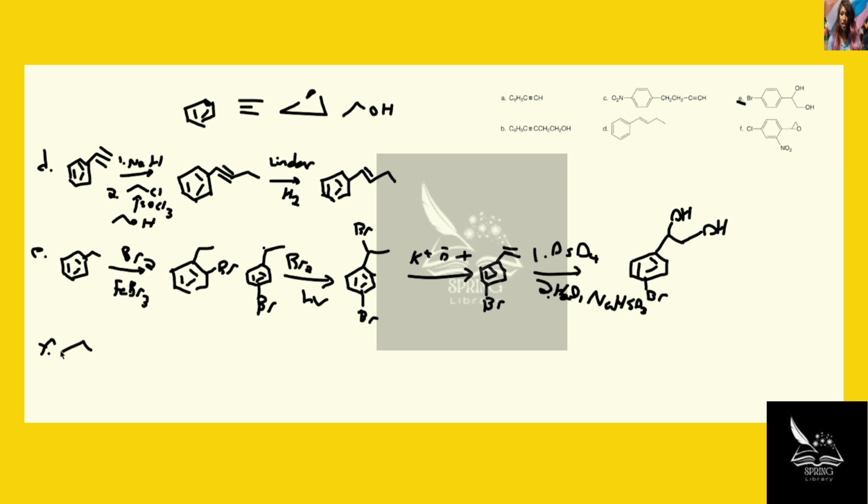So let's start with the same product as we started in E, or starting material we started in E. But now instead of adding bromine, we'll add chlorine. But we have the para and the ortho isomers.